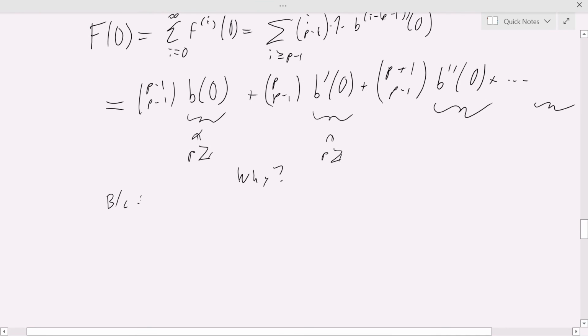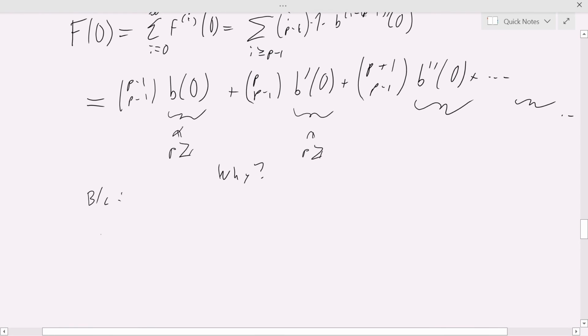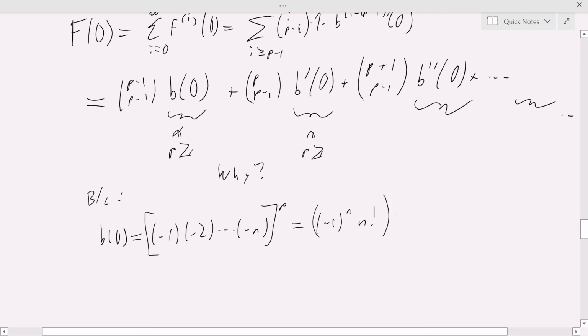So b of 0 is going to be minus 1 times minus 2 all the way to minus n, and that quantity raised to the power p. In other words, this equals negative 1 to the power n times n factorial, and that raised to the power p.